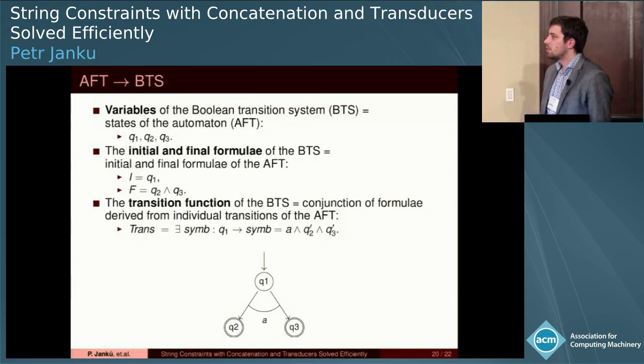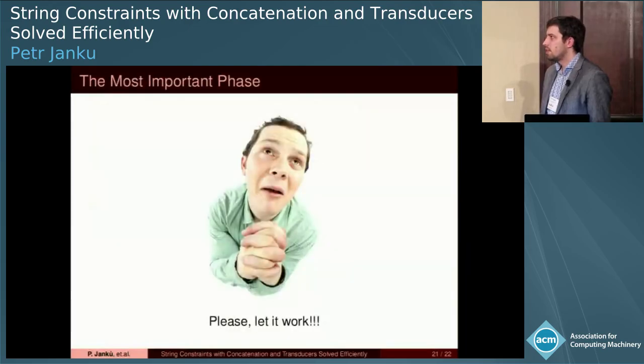And the transition function of the Boolean transition system is the conjunction of formulae derived from individual transitions of the transducers.